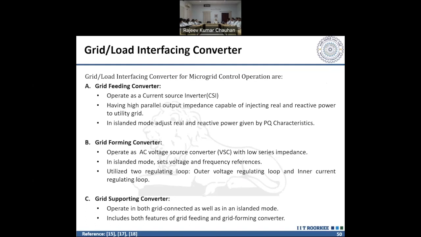So your inverter has to work in the grid forming mode, as a voltage source converter. So this is the current source inverter and the voltage source converter, CSI and VSI. These are the two forms of converters, which you will study either in the third year or in the final year.